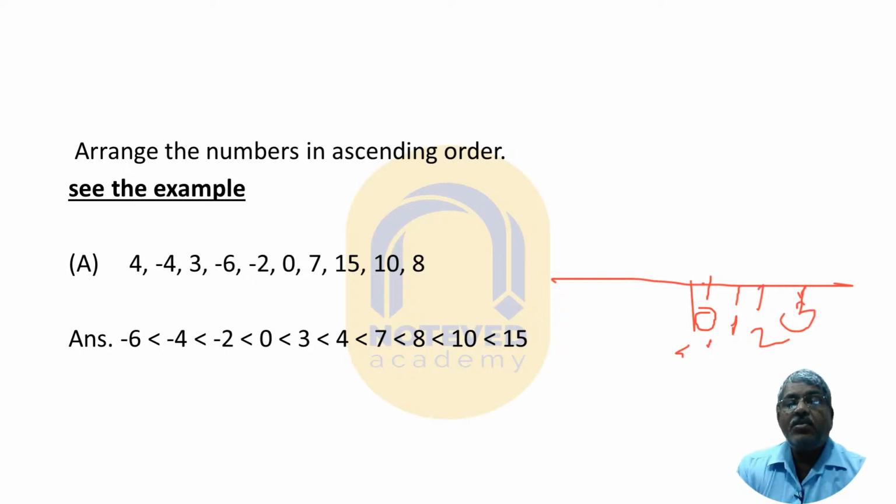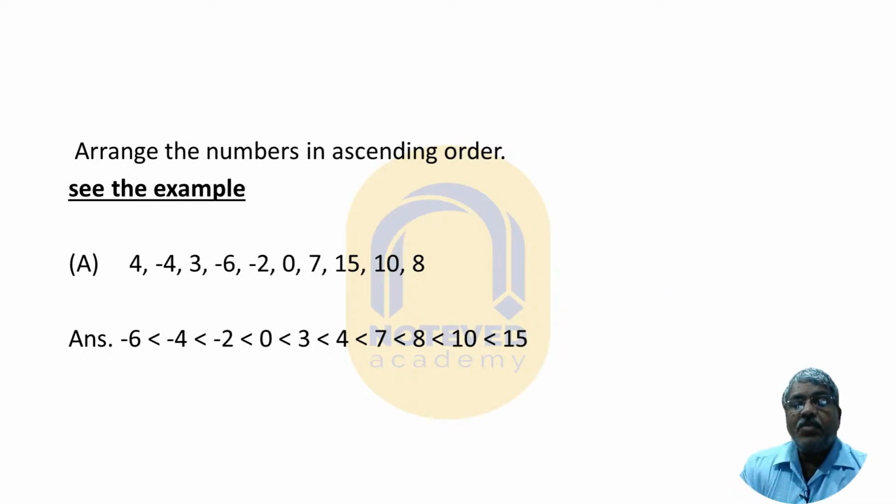Now when you see the numbers, you see which number is at the left. In the number line, the number 6 is at the right. Then comes this 4. Then comes -2.